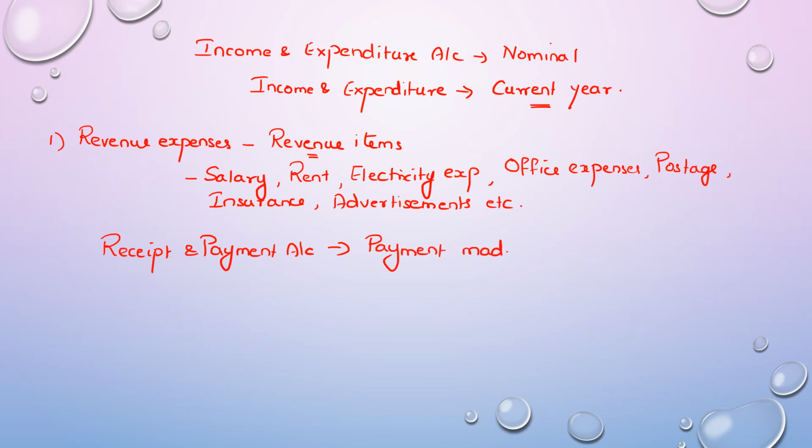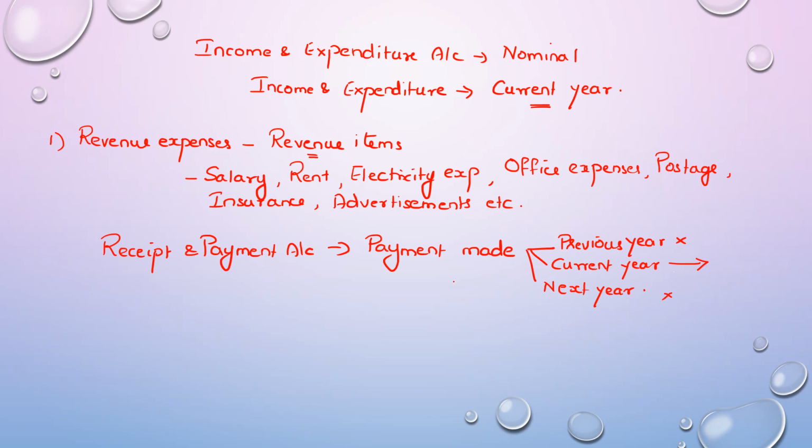This payment made can be related to the previous year, that is the last year. It can be a payment related to the current year expenses, or a payment might be made in advance for the next year. However, when we are taking it to the income and expenditure account, we are supposed to eliminate the previous and next year, and just take the current year expenditure.